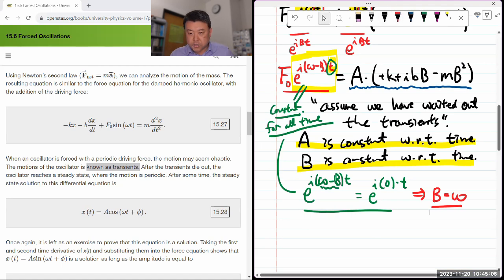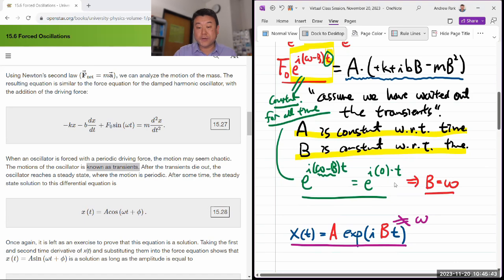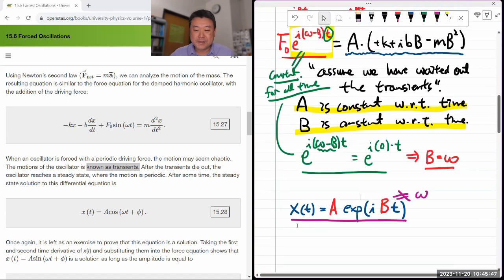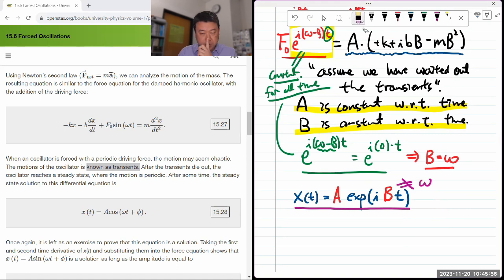Our original solution, let me copy that down. In some sense, we are getting a really boring answer. For this form of the solution that we assumed, fitted to the driven damped simple harmonic oscillator, the oscillation of that oscillator must be the same as the driving frequency.